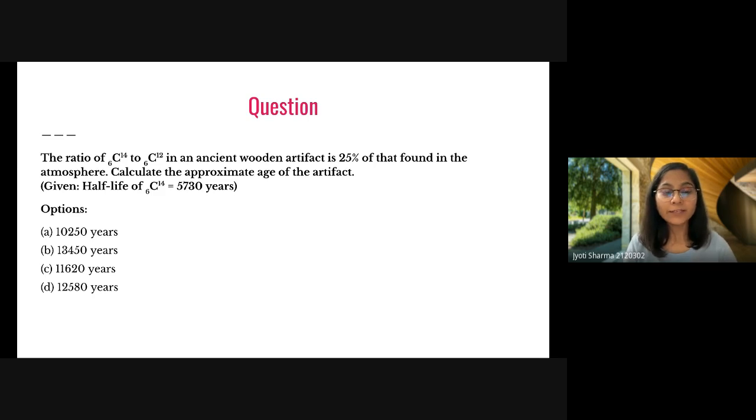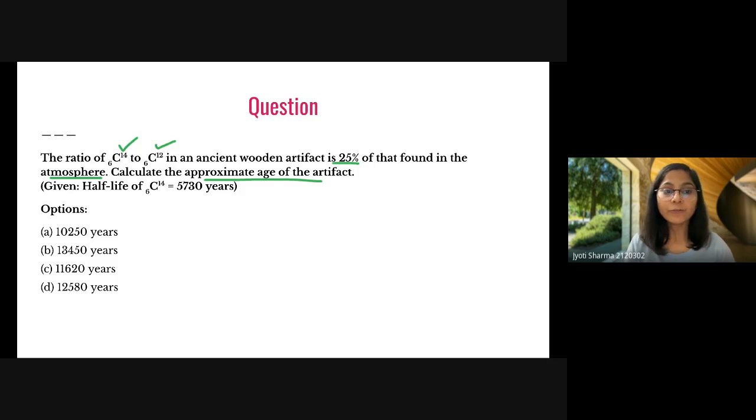If we have that ratio of carbon 14 to carbon 12, just keep in mind that carbon 14 is radioactive in nature and carbon 12 is not radioactive. Okay, and if that ratio is given as 25% of that found in the atmosphere, then you have to calculate the approximate age of that artifact.